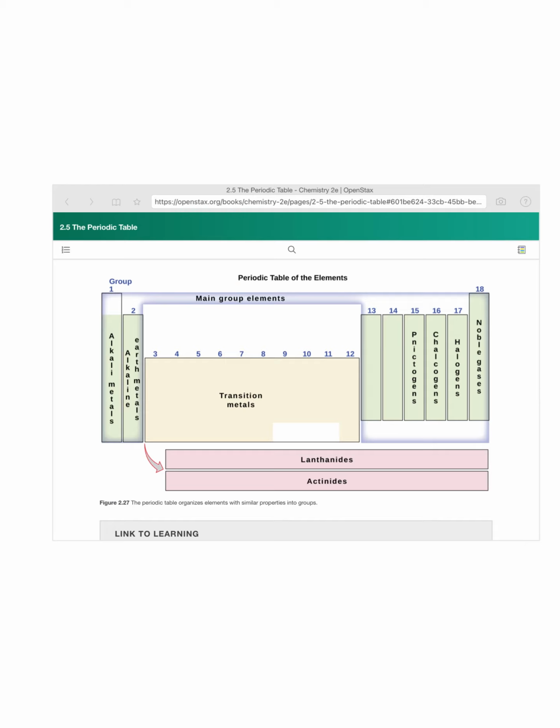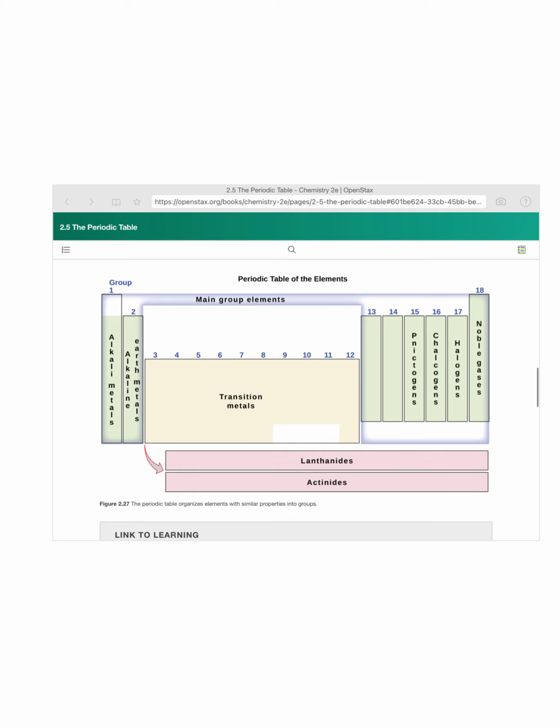And we can see over here, this is showing the lanthanides down here. All right, so your lanthanides and your actinides. So these are the two periods that you see below the main part of the periodic table.